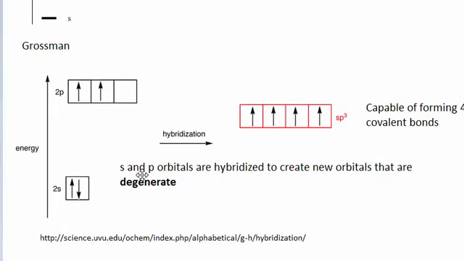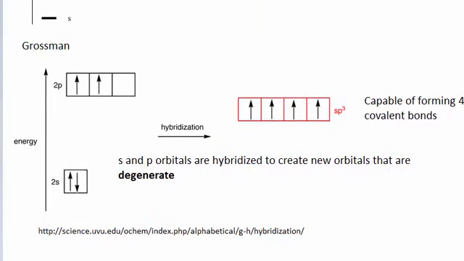So if you remember your general chemistry, in particular, carbon generally has a hybridization phenomenon that occurs. That is to say, this is the electron configuration we'd expect with the 2s2 and the 2p2.